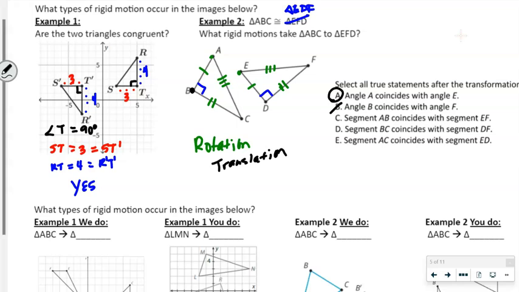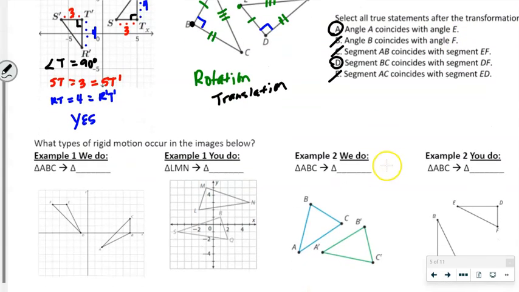EF is not, so that's not a true statement. BC coincides with DF. That's going from the right angle across the 2-tick side, and again from the right angle to the 2-tick side. So that is correct. AC, the hypotenuse, coincides with ED. No, again, AC is the 3-tick side, and ED is not the 3-tick side, right? Because that's kind of what you're going to start doing when we do this, y'all.